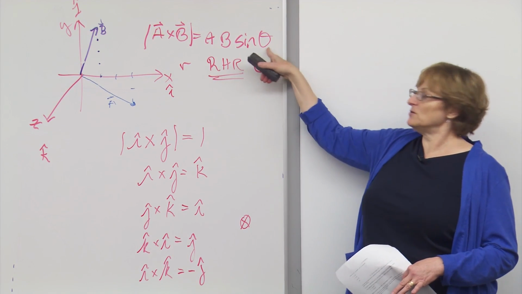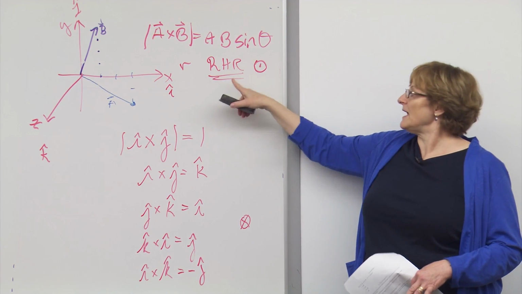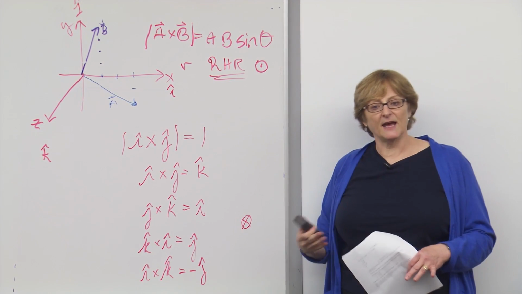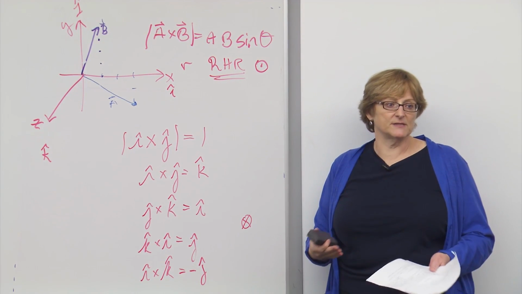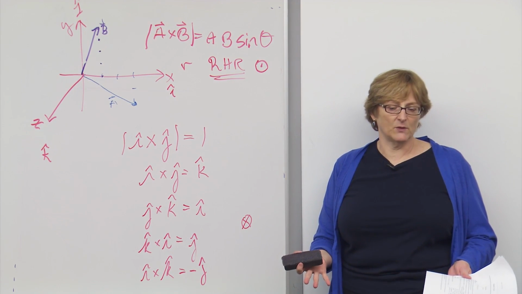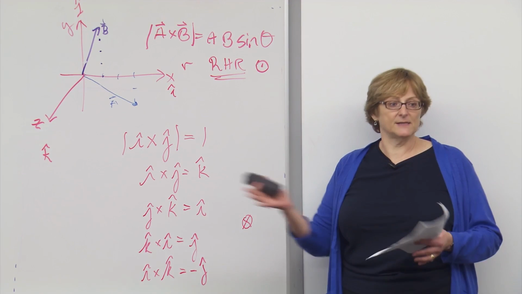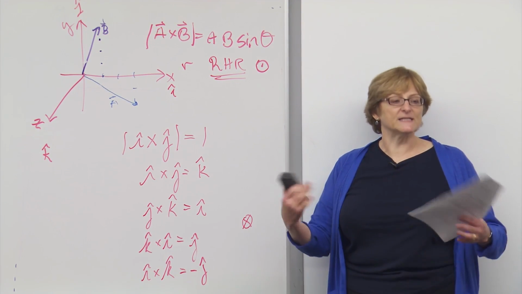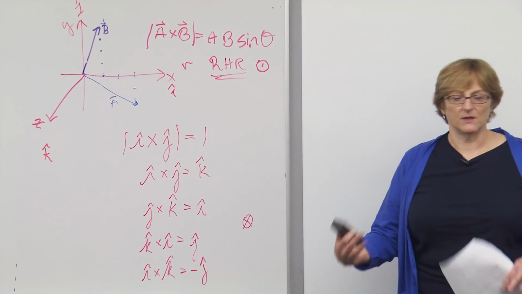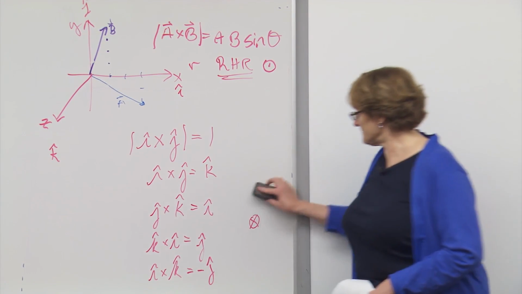It's got a magnitude AB sine theta, and a direction given by the right-hand rule. But if you instead have two vectors that have ijk notation, you don't necessarily know the angle between them, and you don't necessarily know which way they're pointing, you can still get a correct answer by using the unit vectors. So let me show you how we do that.